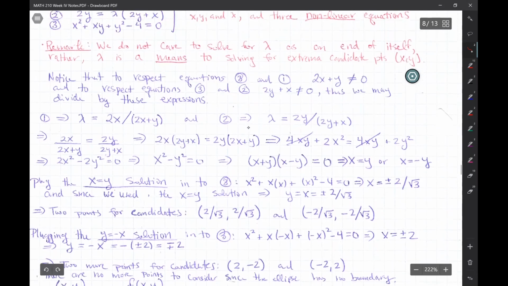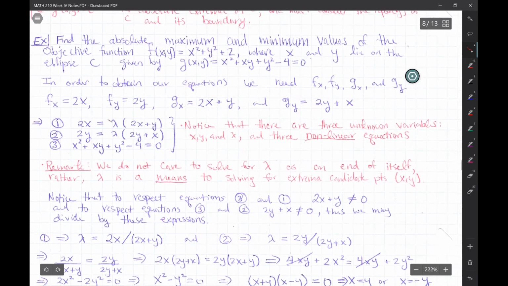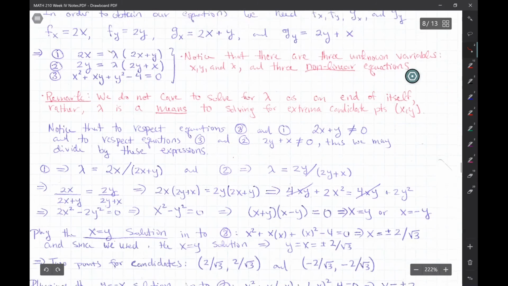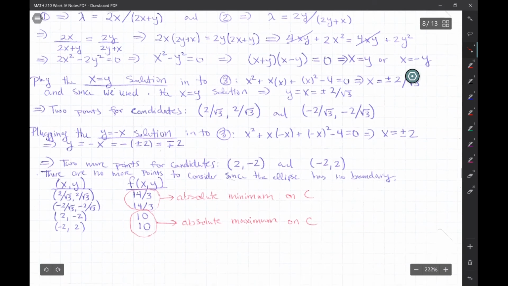And again, when I say plug in, it means go right back to the original function. And so if we wanted to plug in (2, -2), we'd plug in a 2 where we see an x, and we'd plug in a minus 2 where we see a y. And so that's where these values are coming from. And 10 is higher than 14 over 3, so we know then that that's the absolute maximum on C.